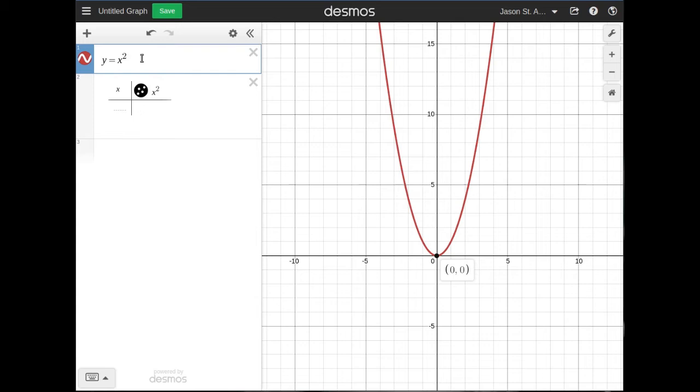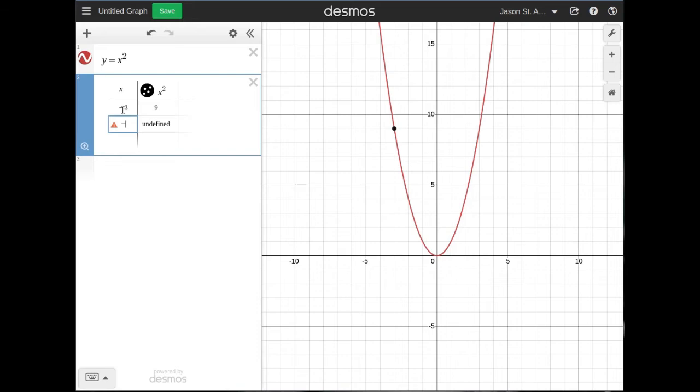Okay? Now, here's how you get Desmos to automatically generate and calculate all of the values that we need for x. So we're going to start from -3, and you'll notice -3 turns into x², and then x² is calculated to be 9, which is just -3 times -3. Now, in order to get Desmos to calculate the rest of the points from -3 to +3, all we're going to do is take -3 and change it on the next line to be -2.